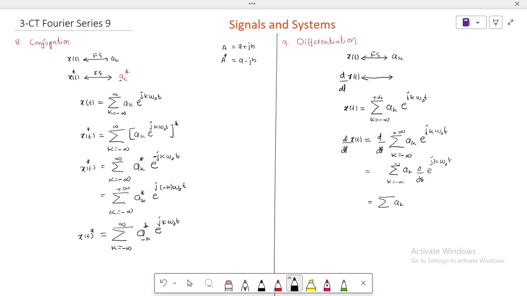After the differentiation, we got this, which is d by dt of x of t. So d by dt of x of t has the Fourier series coefficient a_k into j k omega naught. So j k omega naught is multiplied with a_k.